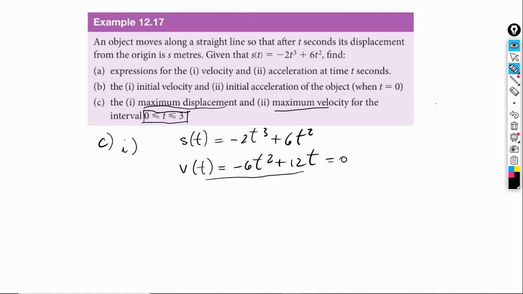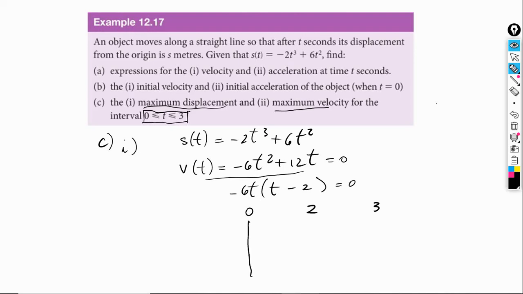Okay, so let's solve for this. And notice that we can factor out minus 6t. So then this would be equal to negative 6t times t minus 2. And we also need to take into account 3 because that's the last second in the time interval.